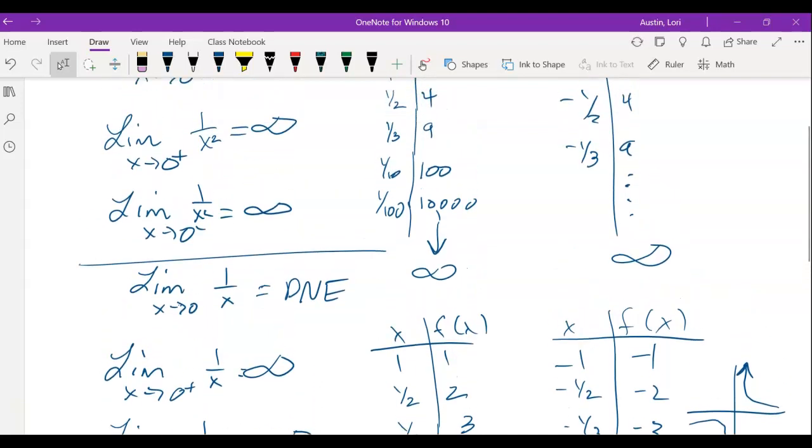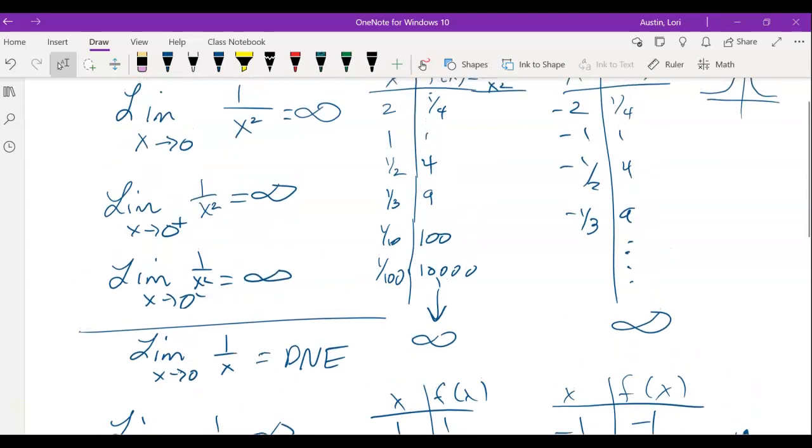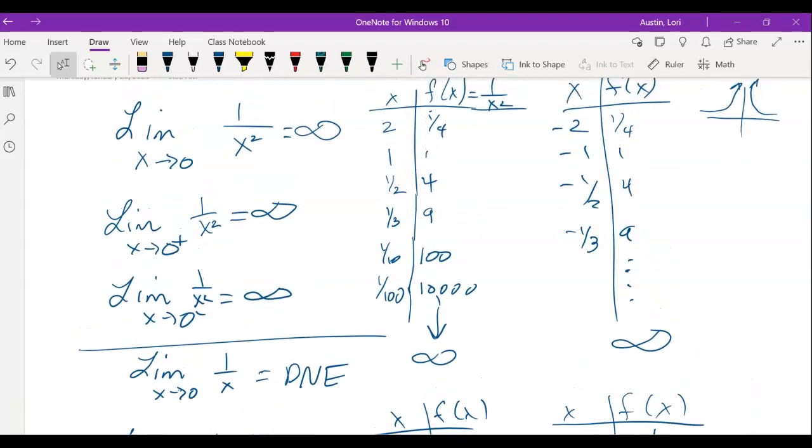Another little thing I want to point out. Is infinity a number? No. I used to say that last semester, I think, but it's not. Infinity is not a number. Technically, and you'll see this written, none of these limits exist because infinity is not a number. Does that make sense?